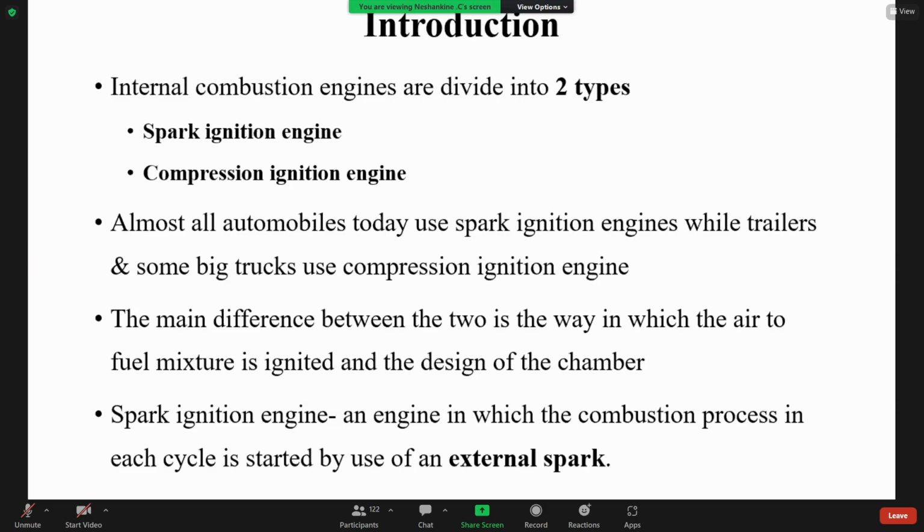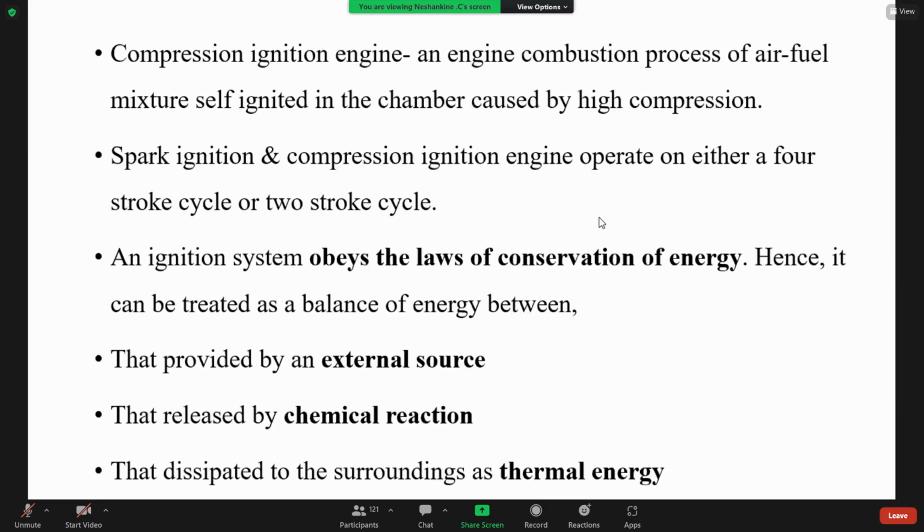So we have two types of ignition engine. In the spark ignition engine, we use an external spark to produce the combustion process. In the compression ignition engine, the air-fuel mixture is compressed inside the chamber, and that creates ignition, isn't it?